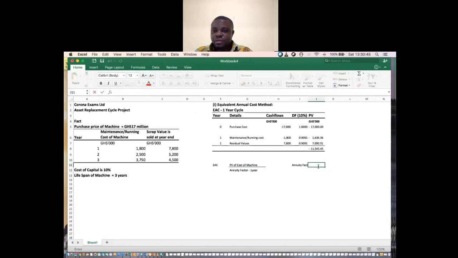So that one is 1 minus, in brackets, 1 plus I, brackets close, raised to the power negative n, all over I. So you divide all of them by I.